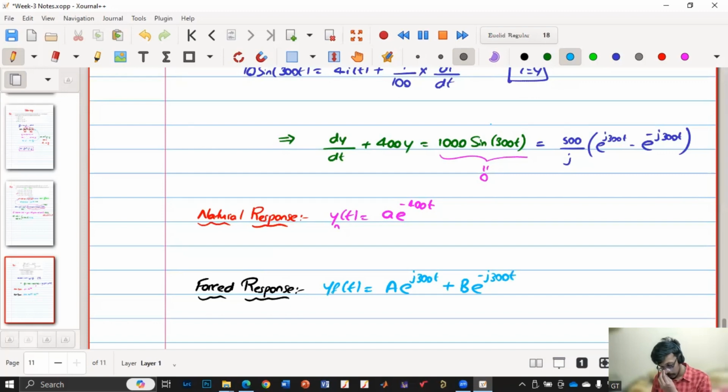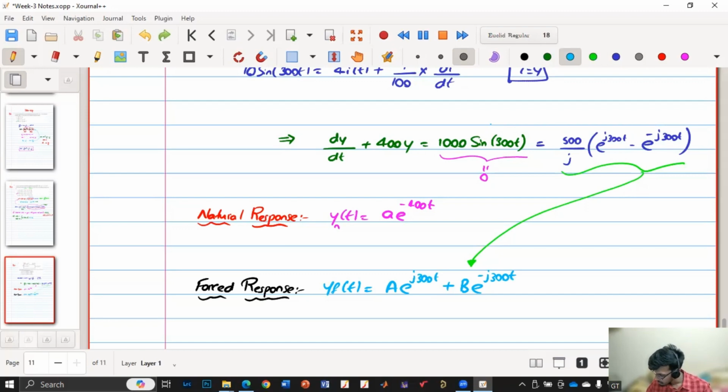Is this clear? Because my input is exponential term, I have considered there are two exponential terms. Again, you can consider it as a superposition theorem. So this is responsible for this.